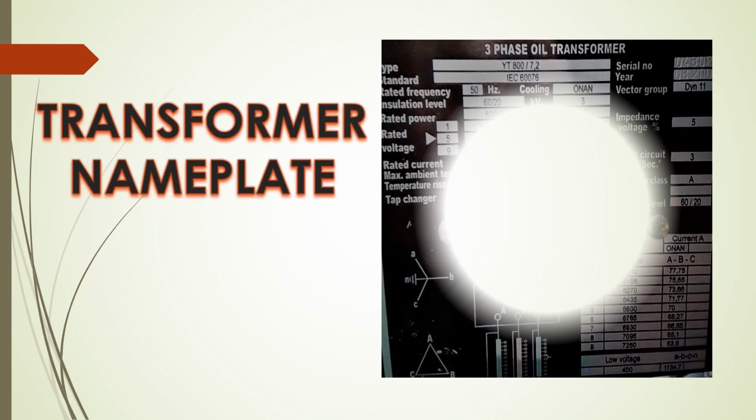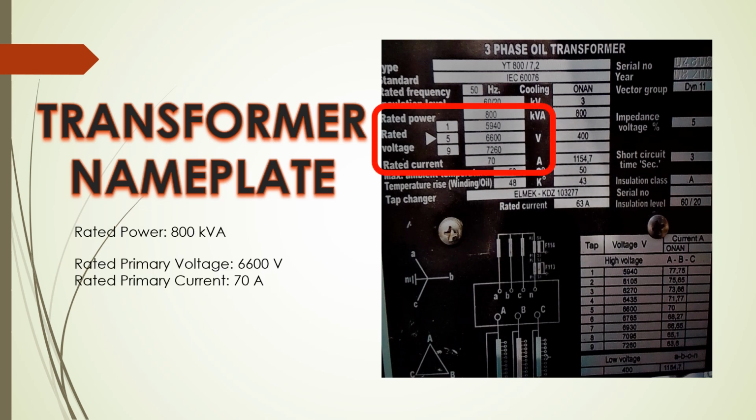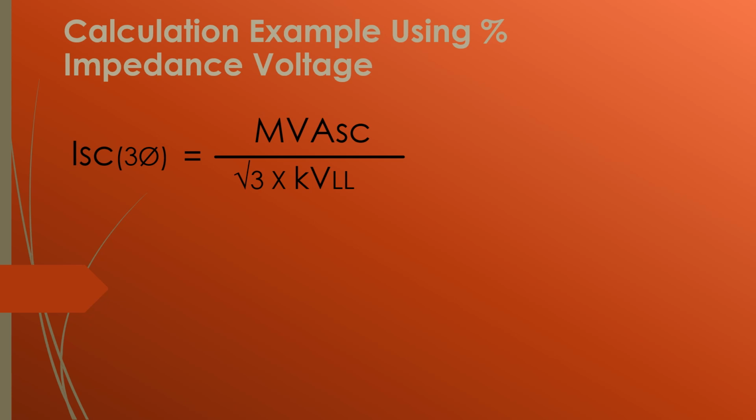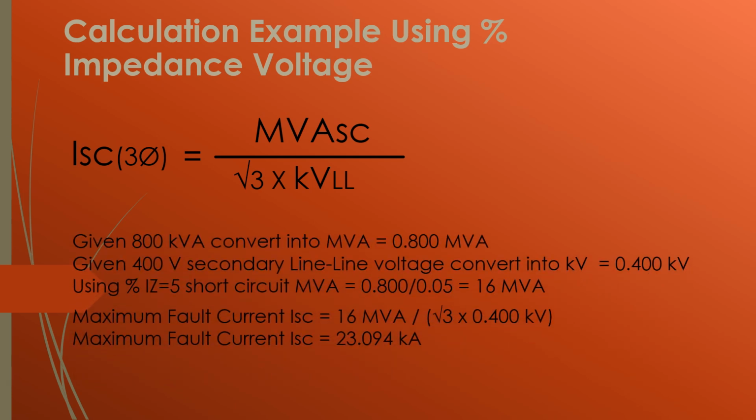So this is the transformer nameplate which we are going to calculate. Now I short circuit for 3-phase equals MVA short circuit divided by square root of 3 times the kV line to line.